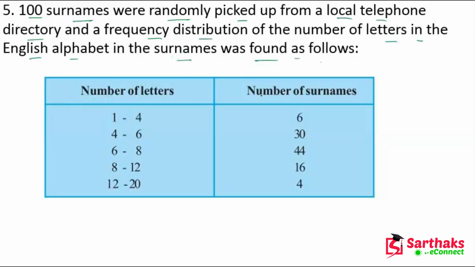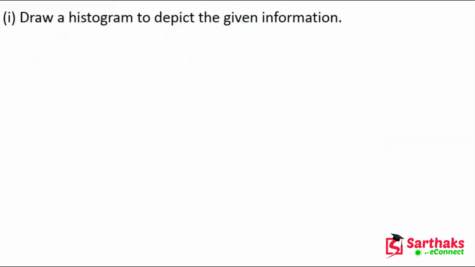Here you can see that there are 6 surnames having letters between 1 to 4, and similarly 30 surnames having letters between 4 to 6, and so on. Now first of all, we have to draw a histogram to depict the given information.